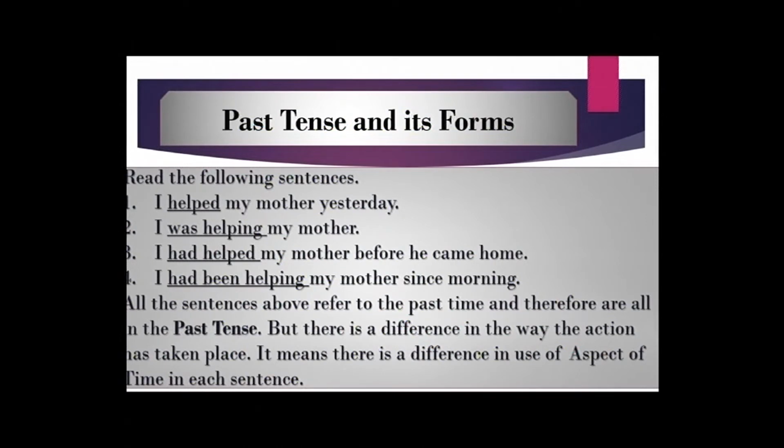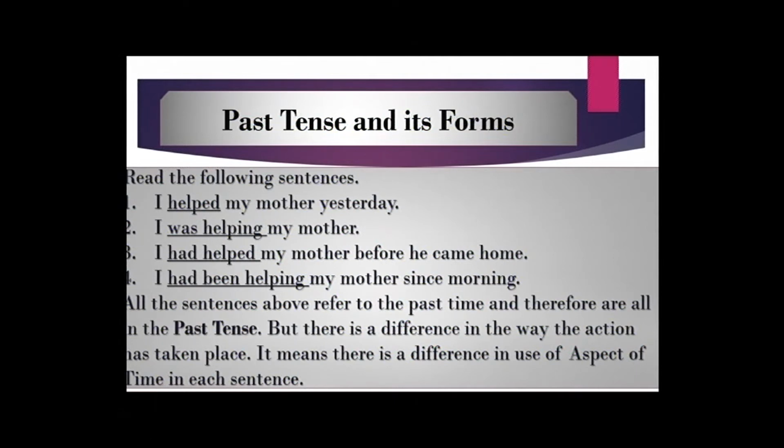Fourth, I had been helping my mother since morning. Here we have used had with the third form of the verb be, that is been. Then we have used help, first form of verb, with ing. So, all are different in the structure. It shows that these sentences have different aspects of the past tense.